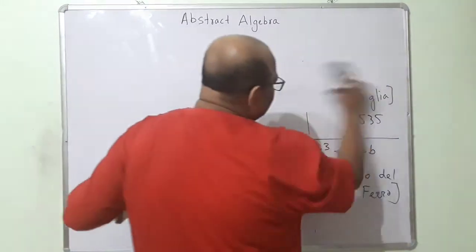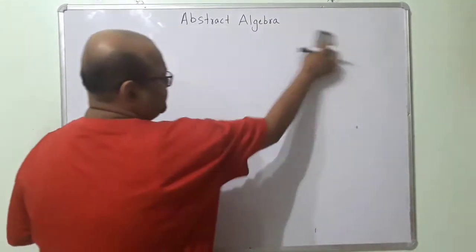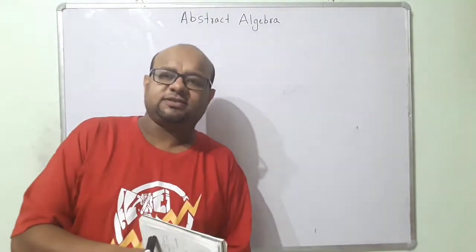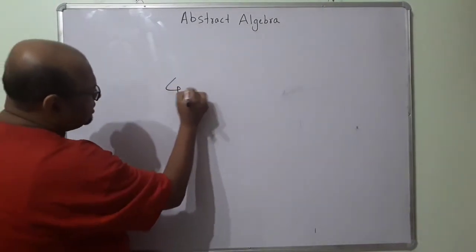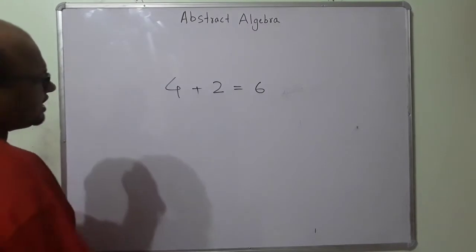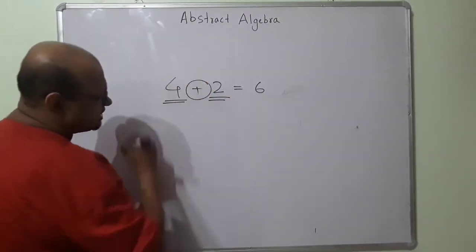Okay, so what is abstract algebra? What is the thing that we are going to study in abstract algebra? In abstract algebra, for example, this was the equation that I talked about. I have operands and I have an operation.